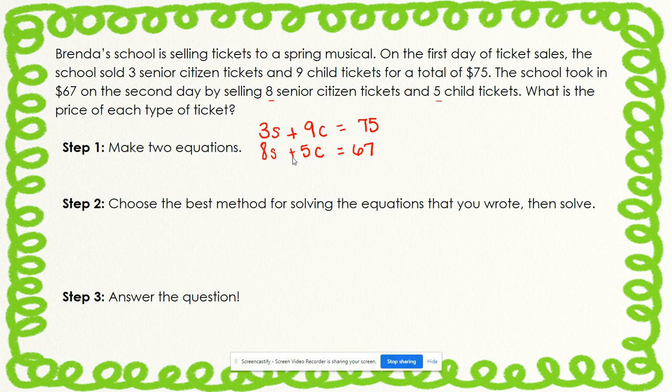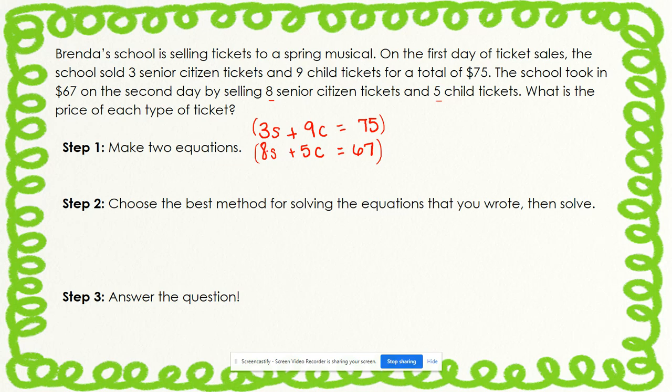So instead, I might want to use elimination still. What I could do is multiply both of these equations by a number so that I do end up with opposites. So let's say I want to get my S's to have the same coefficient.